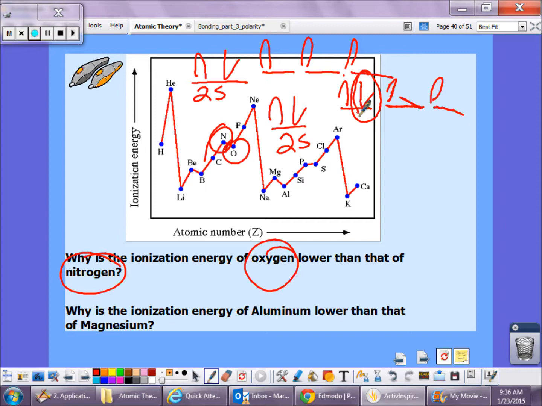Let me repeat. Even though oxygen has a higher effective nuclear charge than nitrogen, because of that first pairing, you just pair one electron, and it's not any pairing, it's the first pairing.